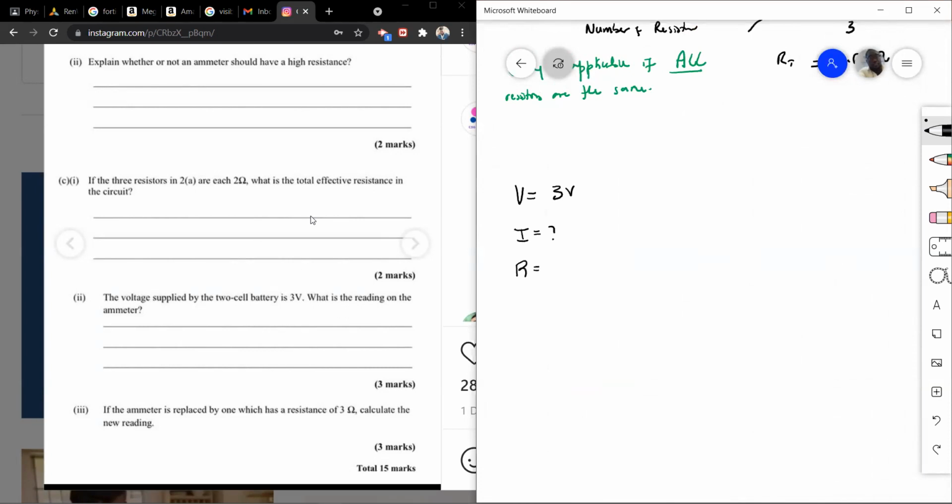The resistance is 0.67 ohms. Ohm's law says V is equal to IR, so making I the subject, we have V upon R is equal to I. V is 3 volts divided by 0.67, which is 4.5.